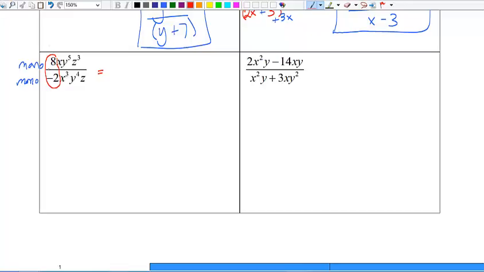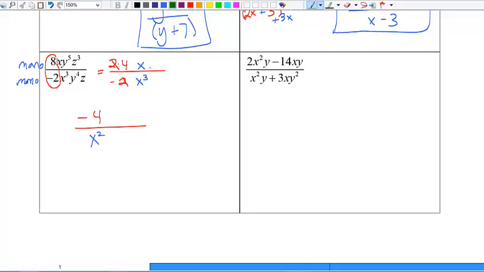So 8 over negative 2, you can reduce that to negative 4 if you want, or if you want to think about it as 2 times 4, and then the 2's divide out, you'll still get negative 4. Either way you want to think about it. We have an x in the top and 3 x's in the bottom. So after you divide those out, you have 2 x's left in the denominator.